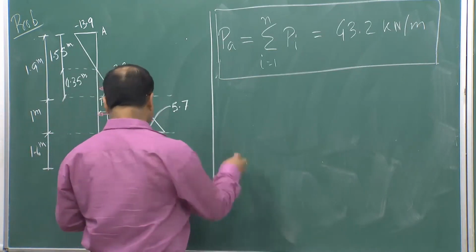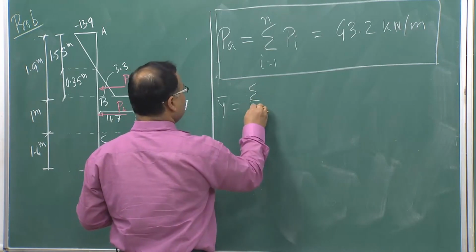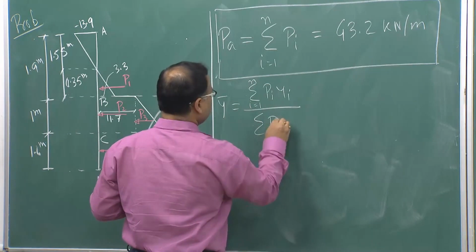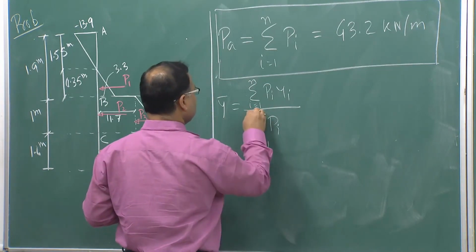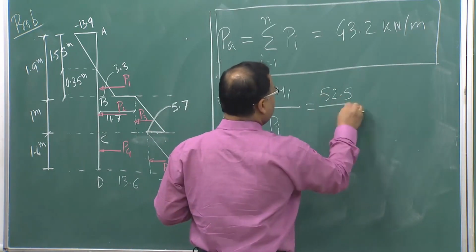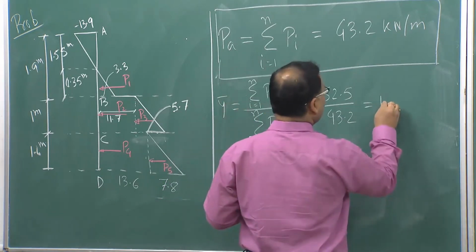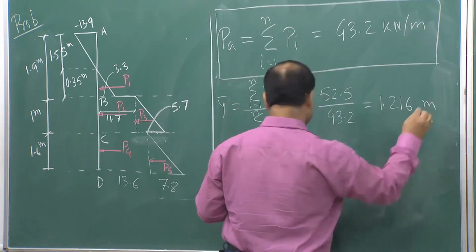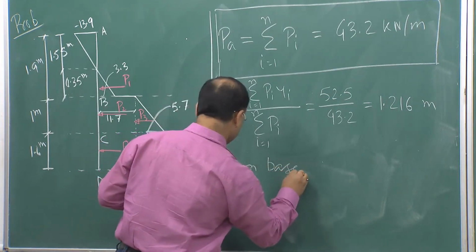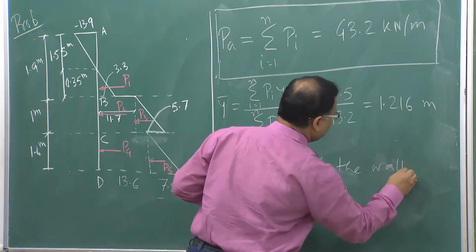And Y bar is nothing but the summation of Pi Yi, i equal to 1 to n, divided by the summation of Pi, i equal to 1 to n, which gives me 52.5 by 43.2, that is nothing but 1.216 meter from the base of the wall.